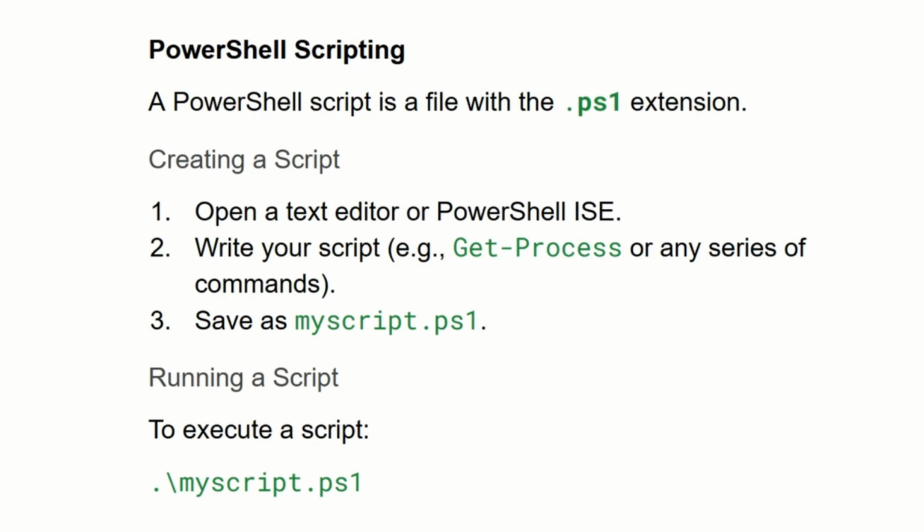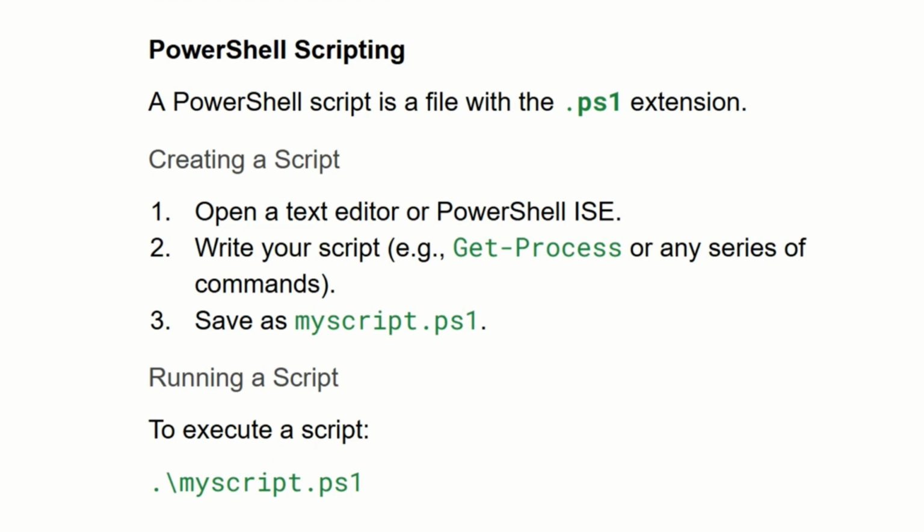The command line structure goes like verb and noun. The verb is the action to perform, that is get, set, new, remove, and the noun will be the object or thing you are working with, like process, service, or item. So basically, it is like Get-Process, Set-Process, New-Item.